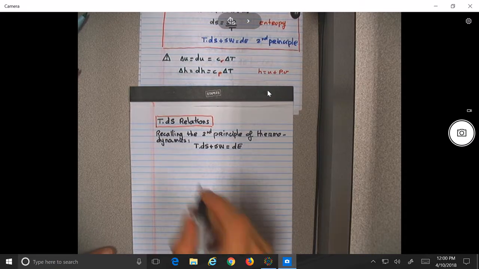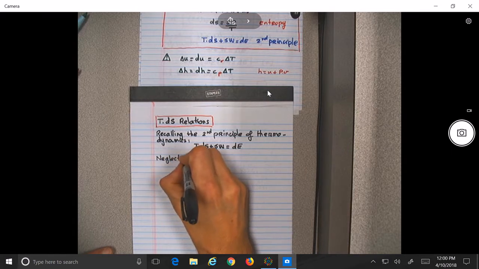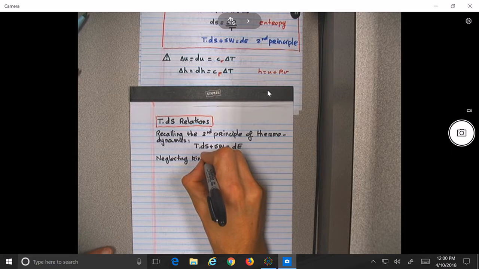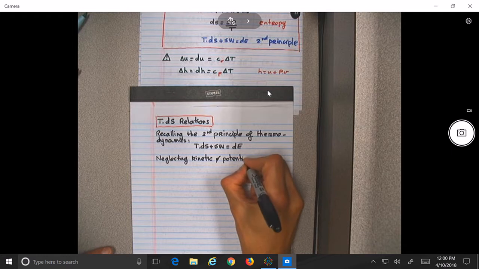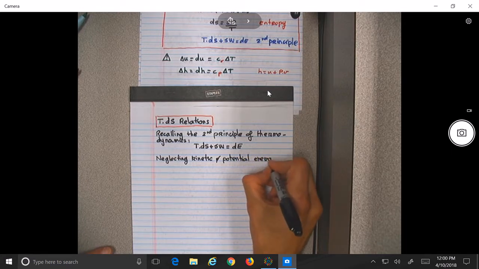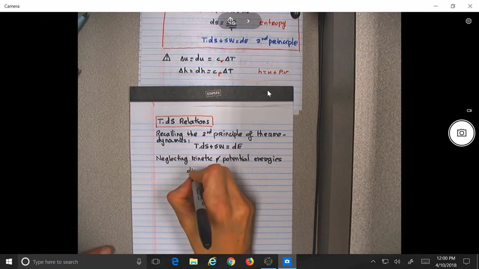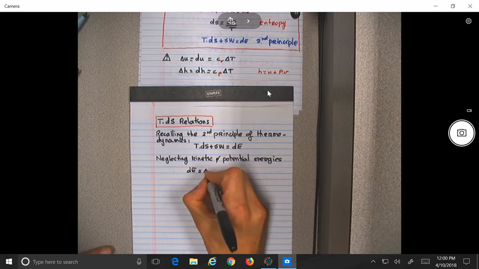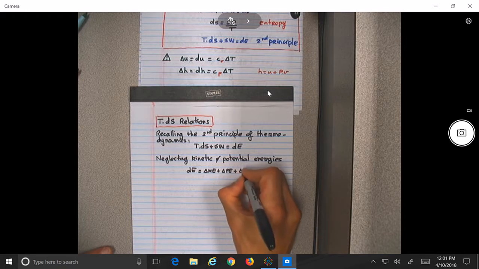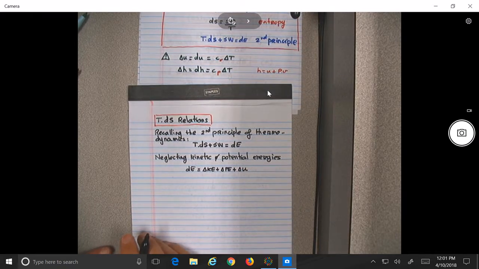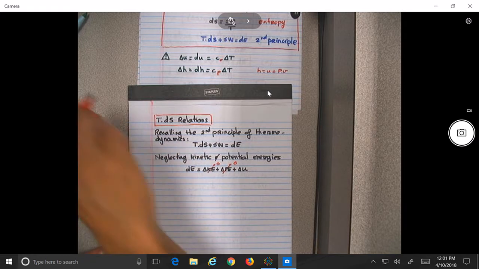Okay? So now if I say neglecting kinetic and potential energies, what does that mean? Maybe let me do the detail. So the change in energy is equal to change in kinetic energy plus change in potential energy plus change in internal energy, no? But I still want to use the differential form, the d.